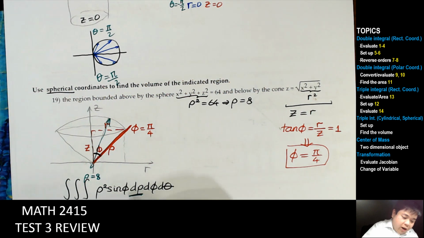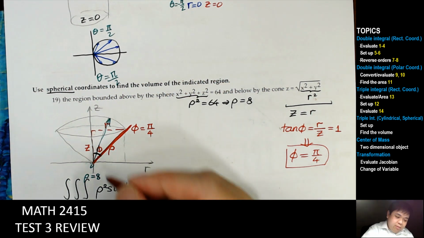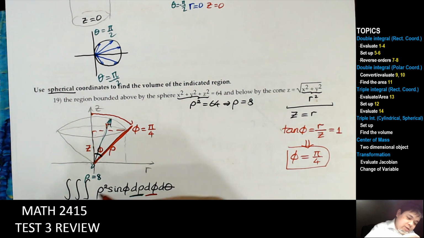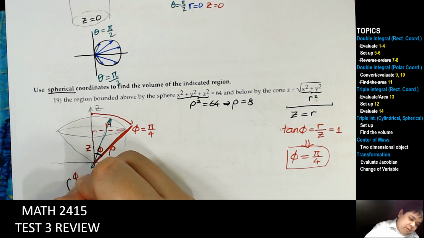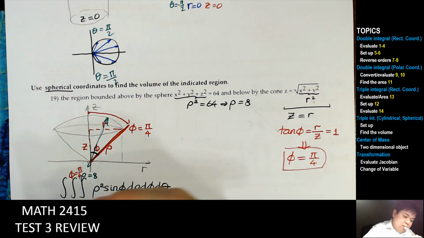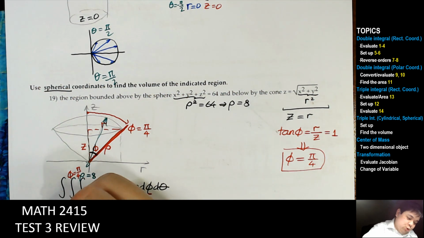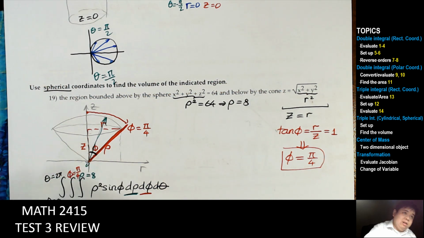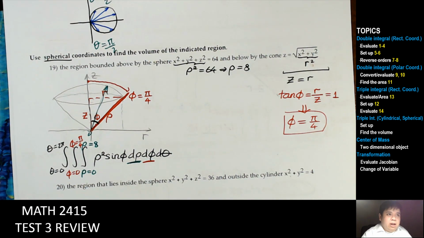The phi, from the North Pole to this angle. So phi 0 to phi pi over 4. And then d theta, that goes from 0 to 2 pi. So again, I will let you evaluate this integral.